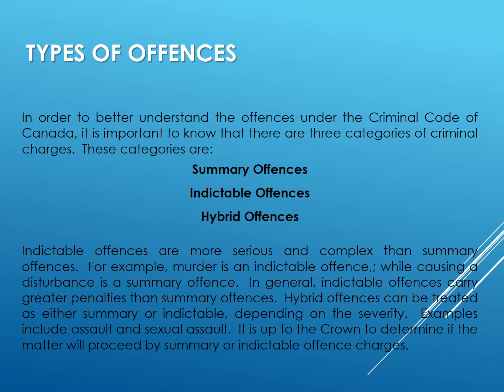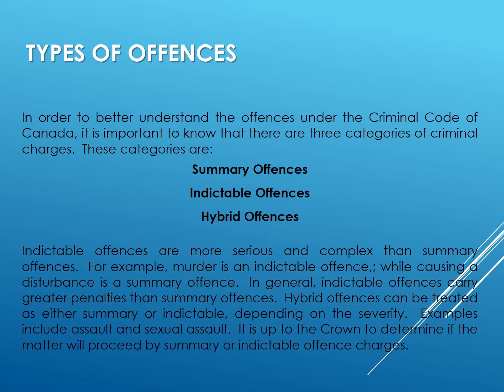Types of offences. In order to better understand the offences under the Criminal Code of Canada, it is important to know that there are 3 categories of criminal charges. These categories are summary offences, indictable offences, and hybrid offences. Indictable offences are more serious and complex than summary offences. For example, murder is an indictable offence, while causing a disturbance is a summary offence.